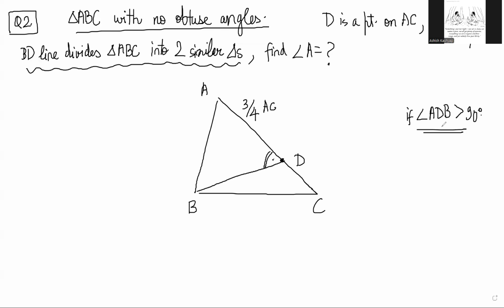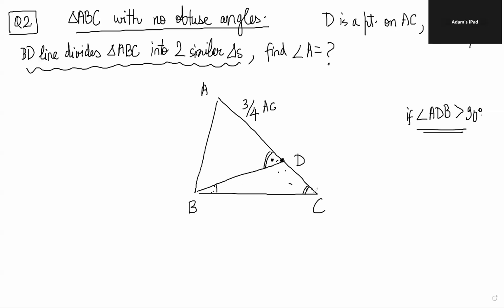If this angle is bigger than 90, can we show that it's not possible? So this angle is clearly not equal to this angle, right? But it also cannot be equal to these two, because it's actually the sum of this and this. So this angle of triangle ABD will not match any of the angles.